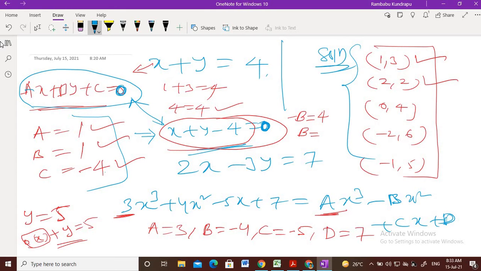You take any two solutions, or two or more, 3, 4, 5, whatever you want. All these points lie on only one line, because these are all solutions of only one equation, that is x plus y equals 4.